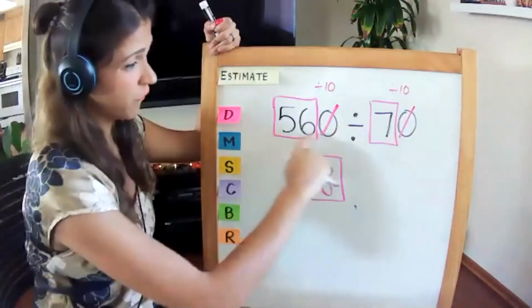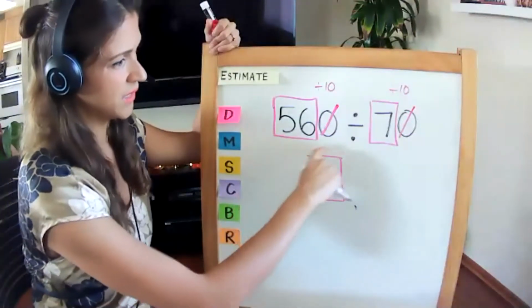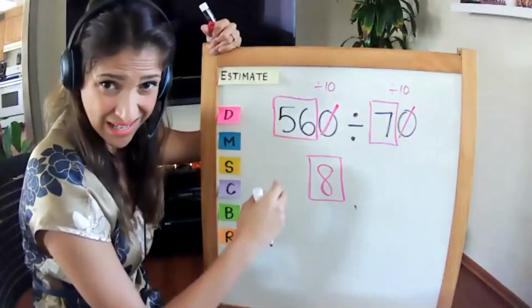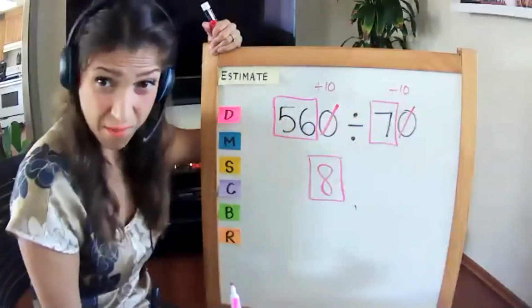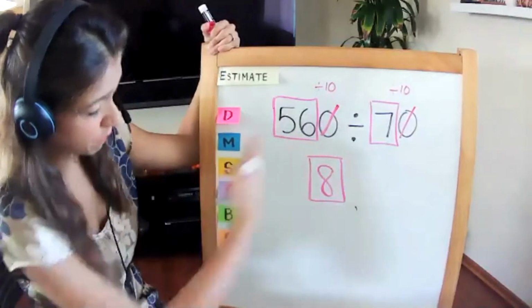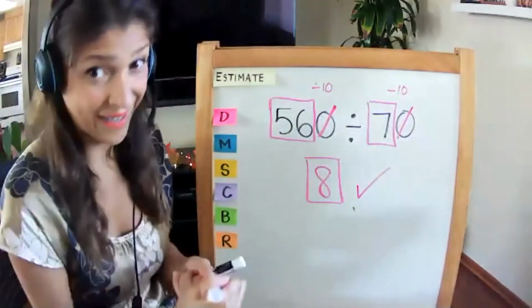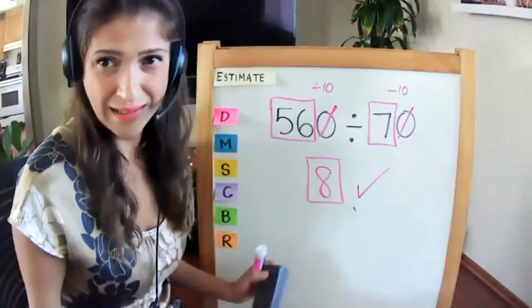So instead of dealing with 560 divided by 70, I'm just dealing with 56 divided by 7. Does everybody see why I canceled out those zeros? I did a little mini mental math and divided within my problem. Since there are no zeros left over, they've both been canceled out. 8 is my final answer. Are you with me?